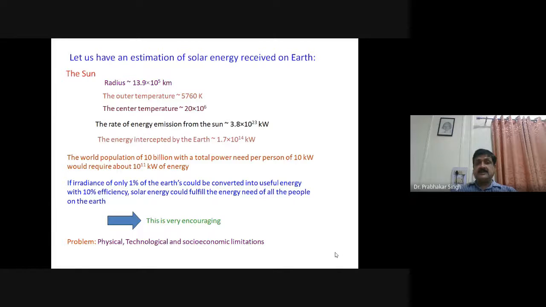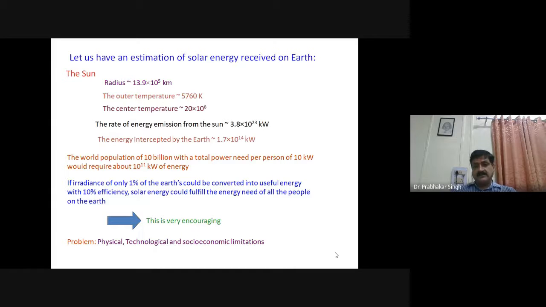Now you have this much energy need. Now, if you assume that you can convert only 1% of the total energy being received on Earth to useful energy with a device having 10% efficiency, then you will find that it is sufficient to fulfill the need of each and every person on the earth.